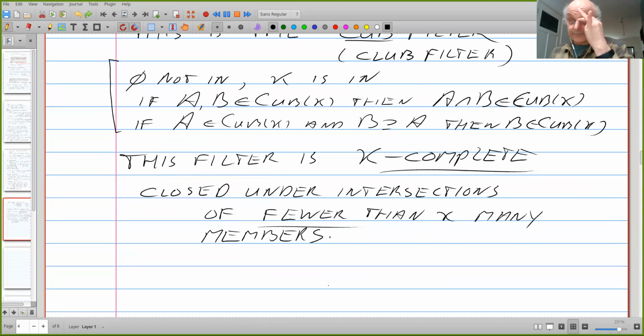We're not asking that if we take kappa many members, then the thing has an intersection that is still in the family.